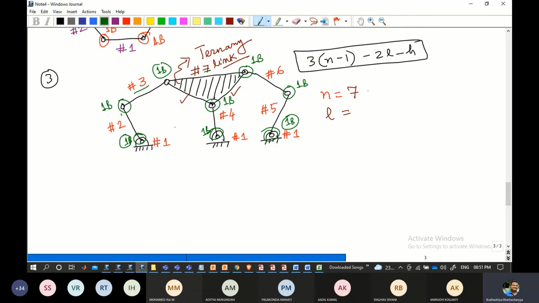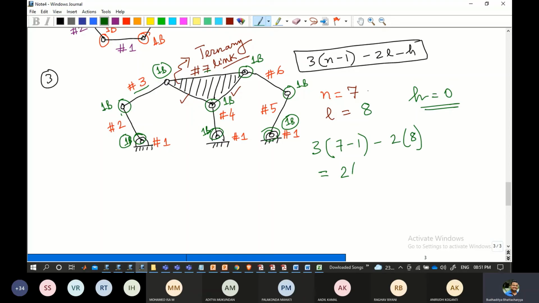So total number of binary links: 1, 2, 3, 4, 5, 6, 7, 8. So we have a total of 8 links. All right. And similarly, just like the previous discussion, H is equal to 0 because we don't have any higher order links. So you can just substitute over here 3 into 7 minus 1 minus 2 into 8.